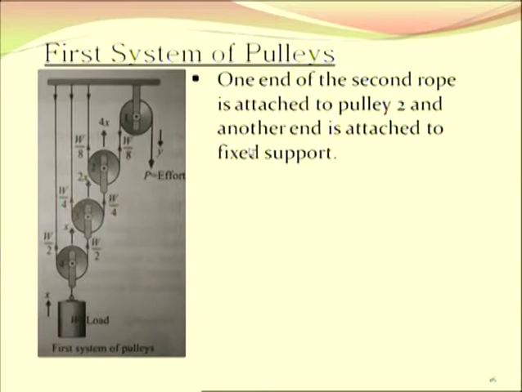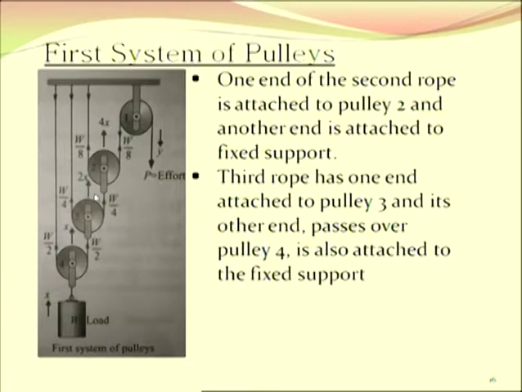One end of the second rope is attached to pulley 2 and the other end is attached to fixed support. So here is pulley 2, and the second rope is attached to it, and the other end is fixed to support.